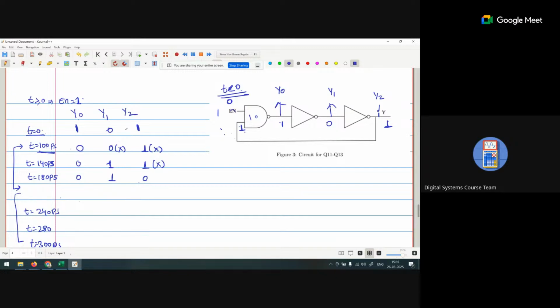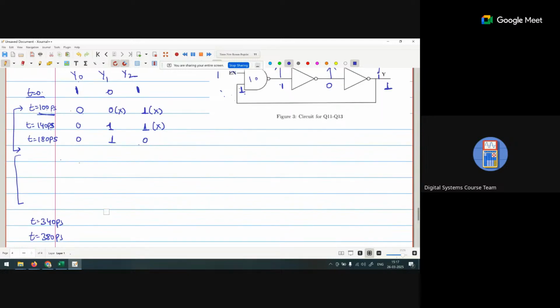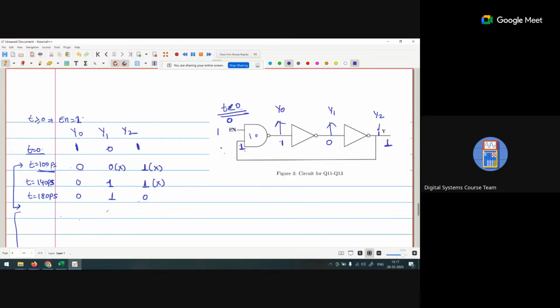Now, if y2 is changed from 1 to 0, so that will be implemented. So at what time will y0 be changed? If this one is 0, initially it is 1. If it is a 0, enable is 1. This will be changed after what time?